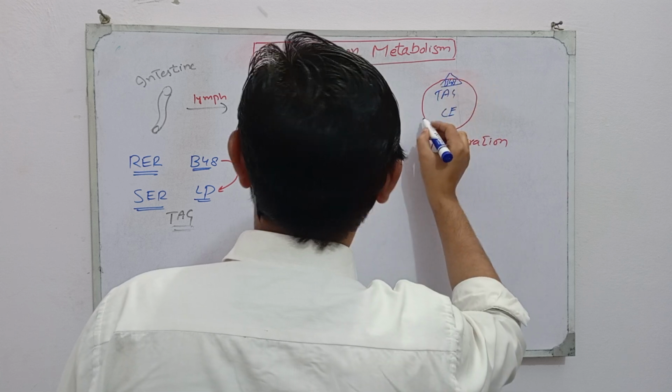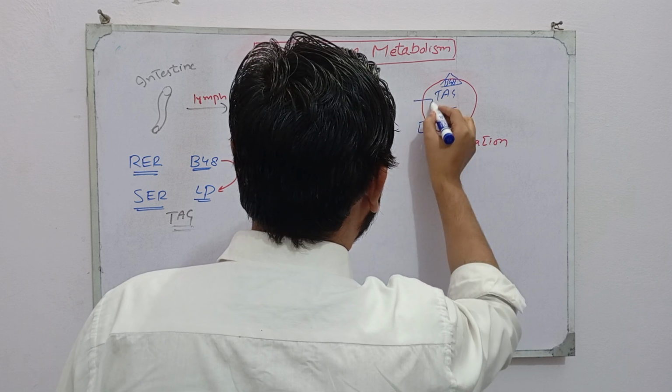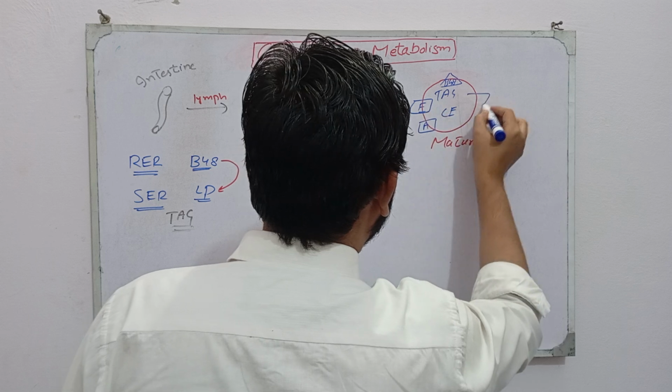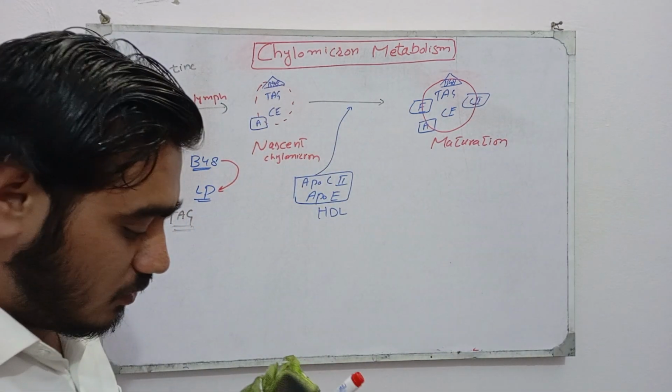Apo B48, Apo A, Apo E, Apo C2. This is the mature chylomicron.